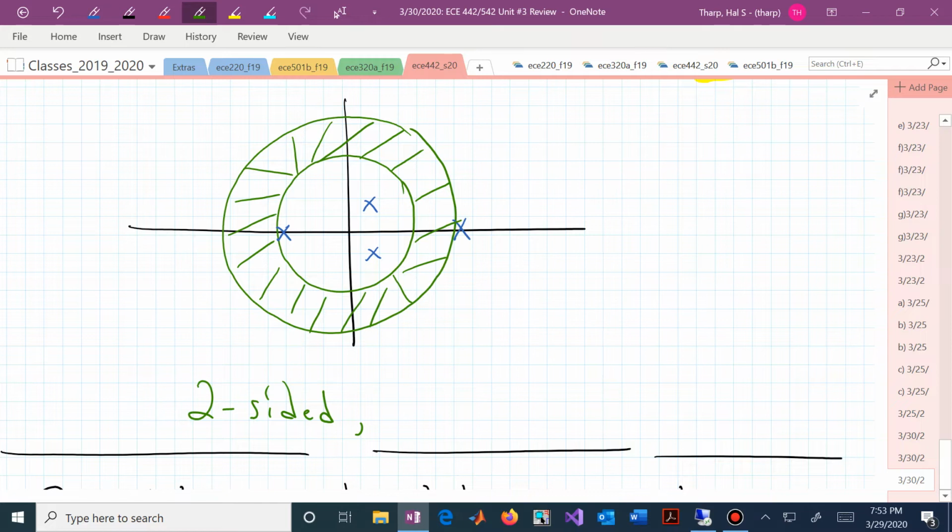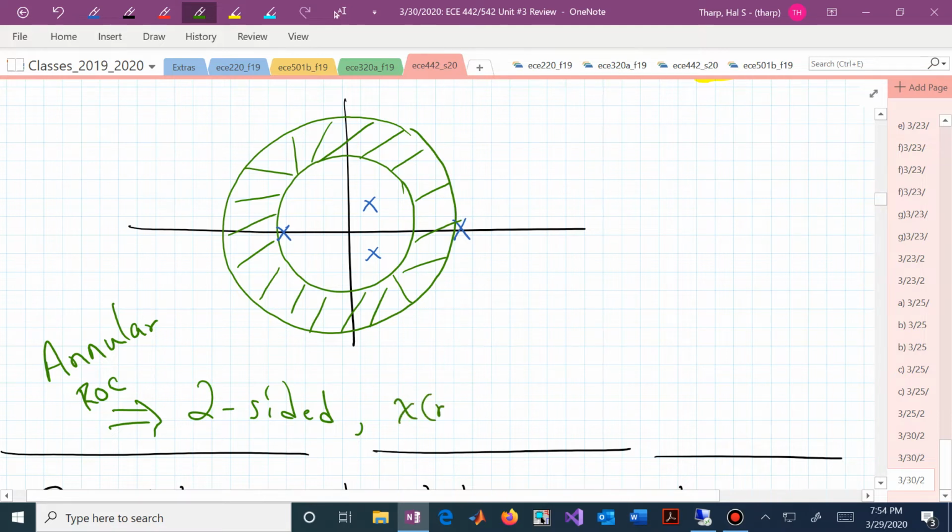But with a two-sided region of convergence, or I should say, an annular region of convergence, leads to a two-sided time sequence, so that now x of n could be non-zero for n between minus infinity and plus infinity.